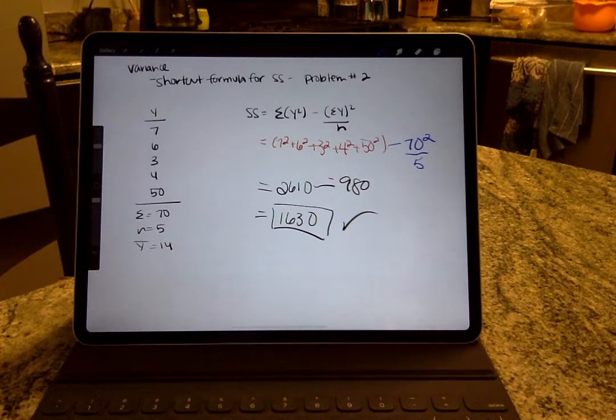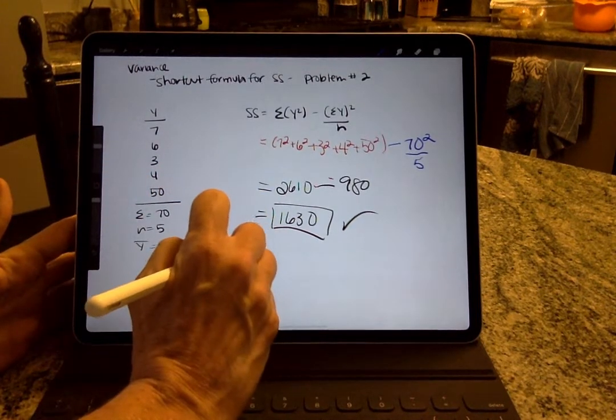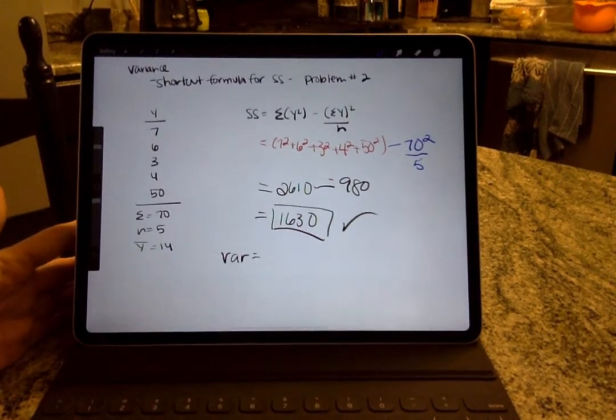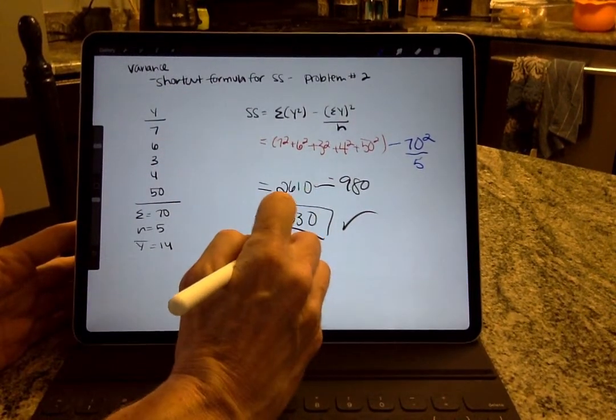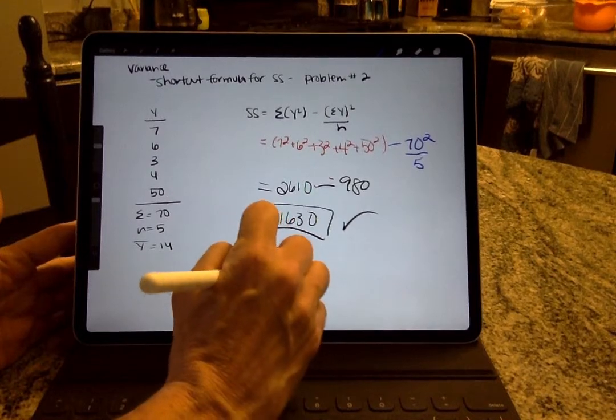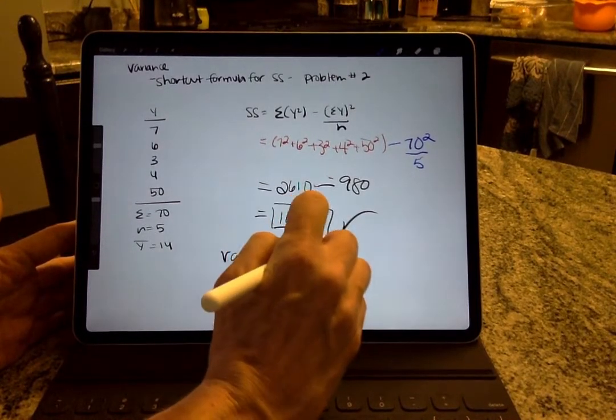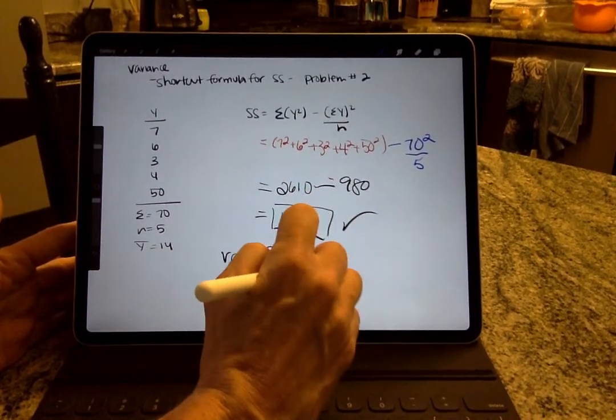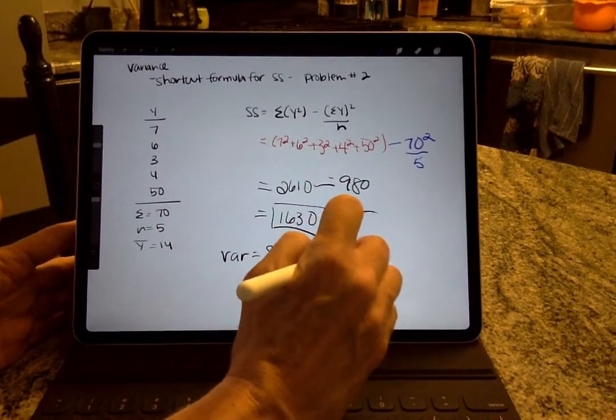Now again, if I was asking you to do a brand new problem from scratch using the shortcut formula and get all the way through to variance and standard deviation, I might still expect you to calculate the variance, which, remember, is the sum of squares divided by degrees of freedom, which is n minus 1.